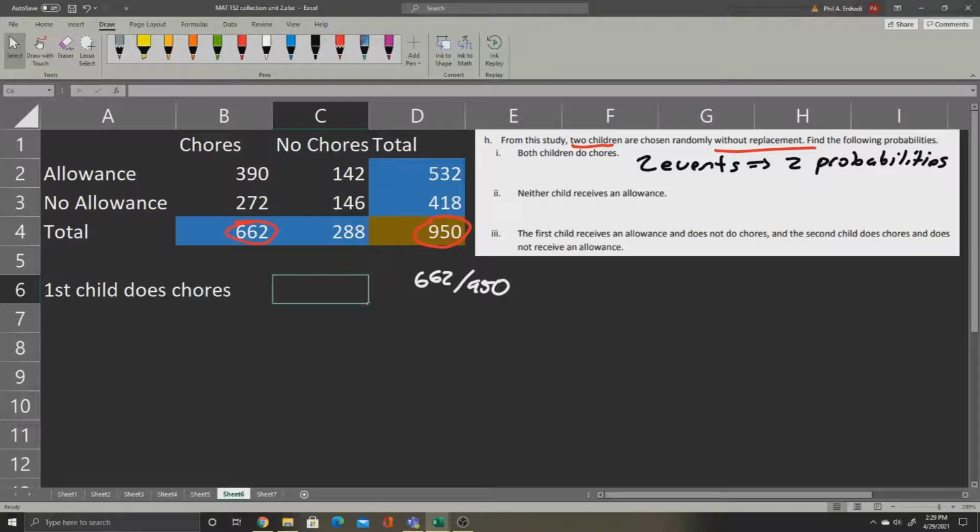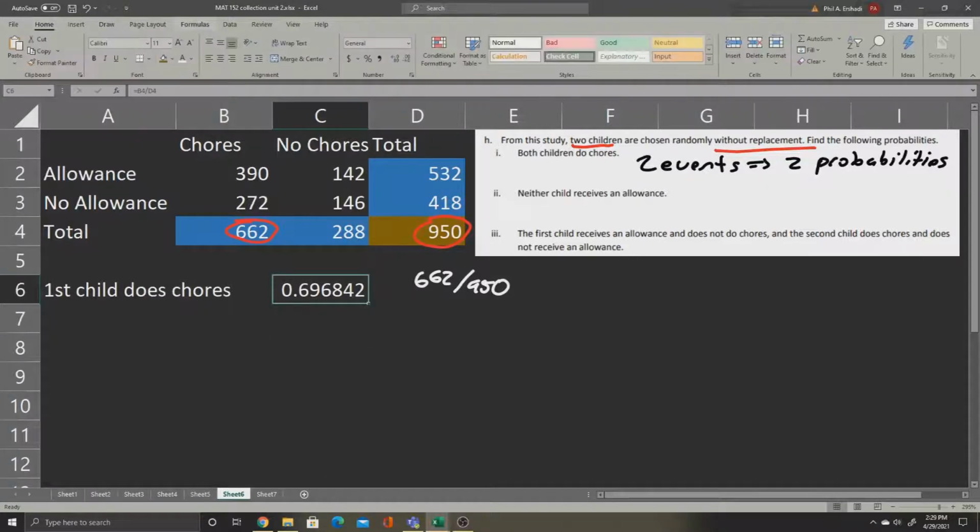We'll enter this into Excel now. We click on the 662 and the 950, and we get a probability of 0.696842. Once again, we can reduce the decimal places by going to the decrease decimal button under the Home menu.